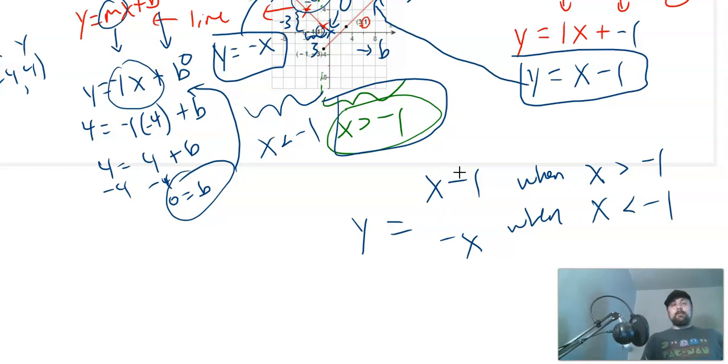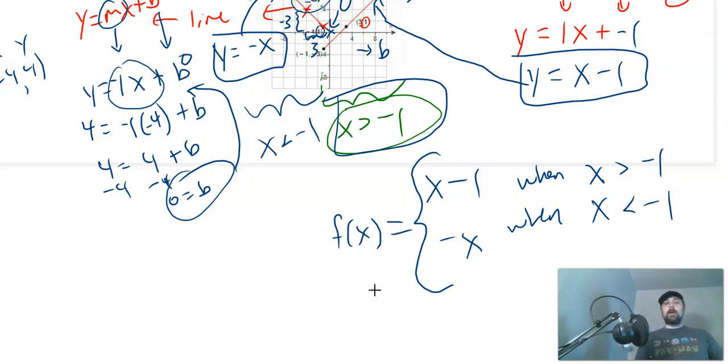And to bring those two equations together into a single equation, we will use a big curly brace. So this is the way piecewise functions are written, right? And because it's a function, because it passes the vertical line test, instead of using y here, I'm going to use f of x. But remember, that's just the y variable.